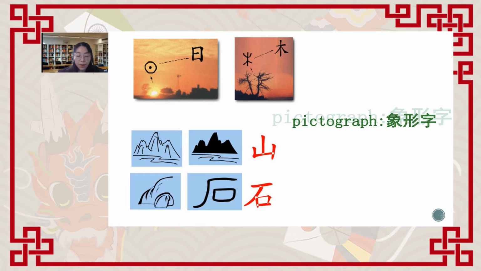Based on the appearance of the stone, earlier Chinese characters were created and then developed into the Chinese characters that appeared at the end of the picture. This word means stone. We pronounce it shan. So shan in Chinese means mountain, and also means stone in the mountain.